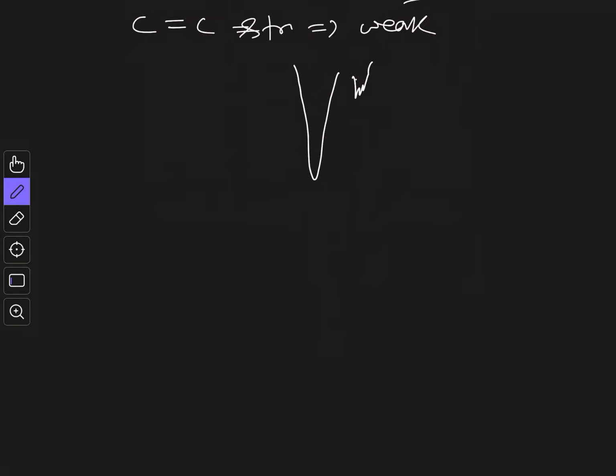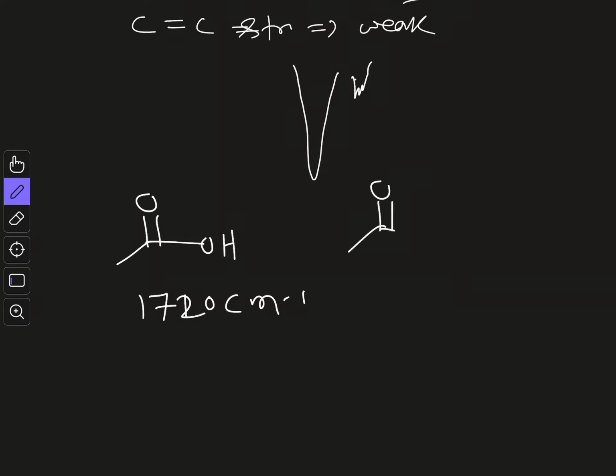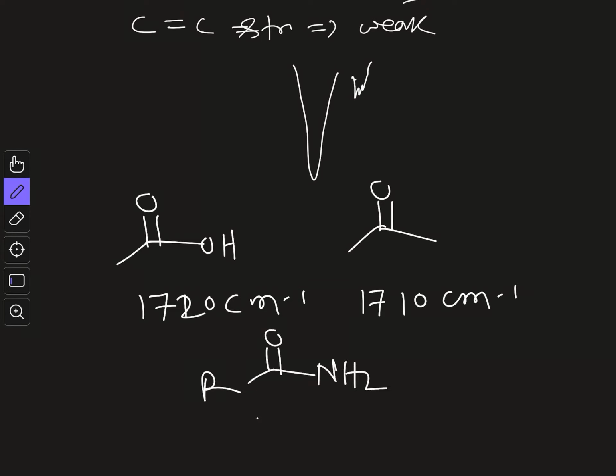Now CO is a very important functional group, and in the next part of IR spectroscopy I will discuss the CO functional group in detail. Here I am just putting a few examples. For example, this carboxylic acid comes at around 1720 centimeter inverse. This simple ketone comes at around 1710 centimeter inverse, and the NH2 amide comes at around 1667 centimeter inverse.